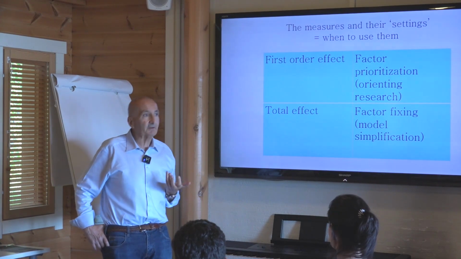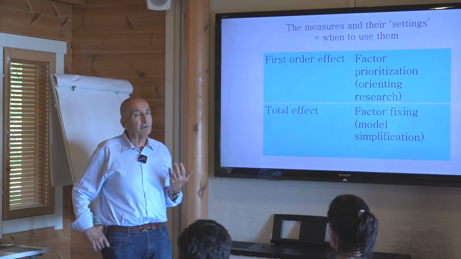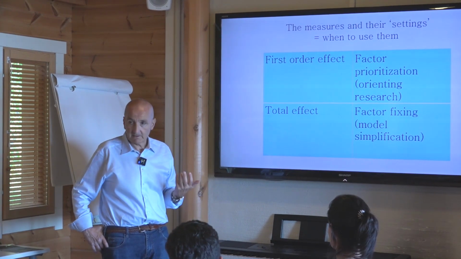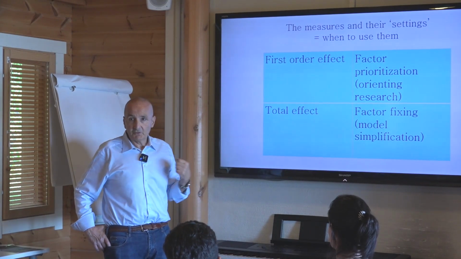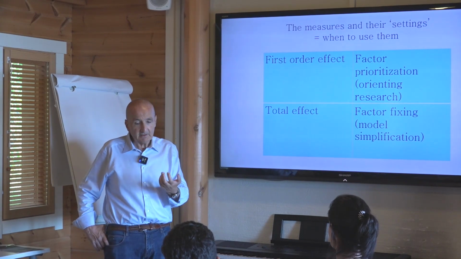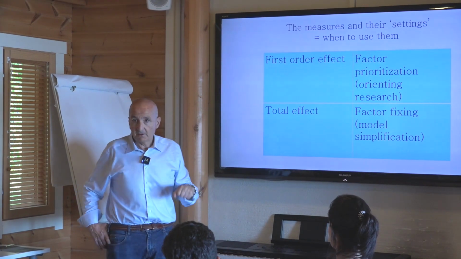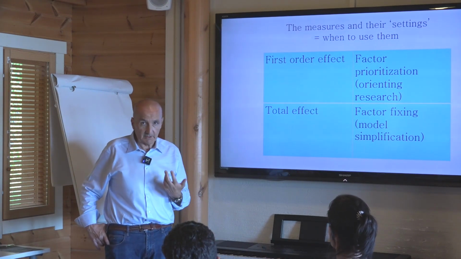But if you have a different question, and the question is, which factor can I get rid of, or can I fix? Then you need the total effect, because you may have a factor which doesn't do anything at the first order, but is active at the second order, or third, or whatever.